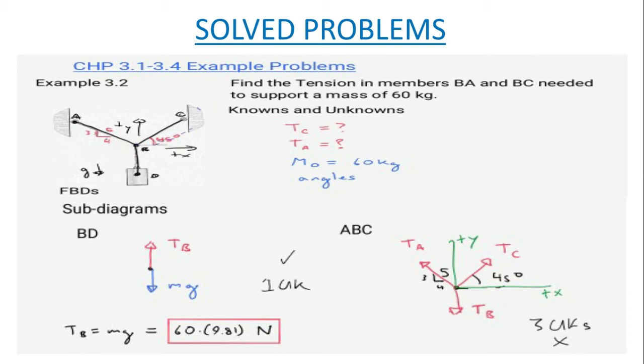First of all, at B, which is the focal point where your entire coordinate system origin is resting, there will be tension in B, and the weight acts from B towards D. As I have told you before, TB will be equal to the weight, which is mg. The mass is given as 60 kg multiplied by gravity, 9.81 meters per second squared.